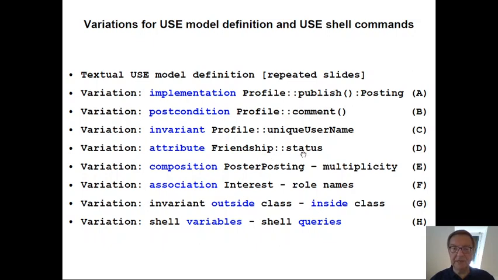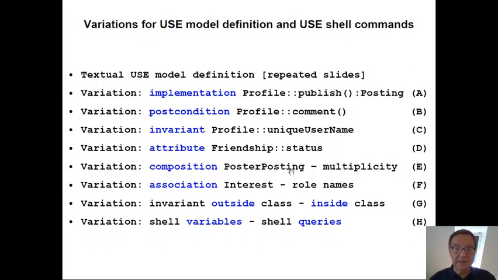The attribute status in the friendship class was somehow redundant because the status was present as an attribute and the status was present in form of the state machine, and we will care about this issue here.